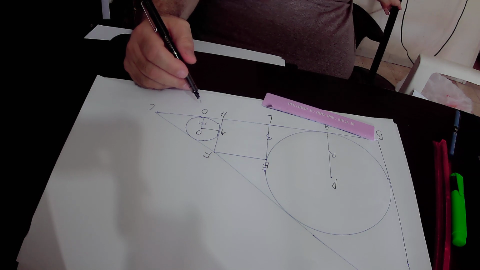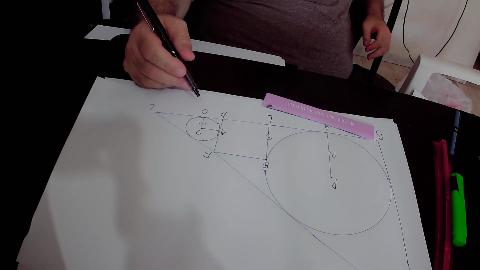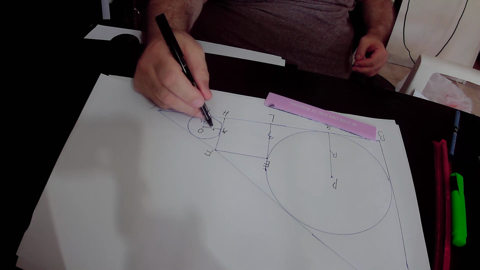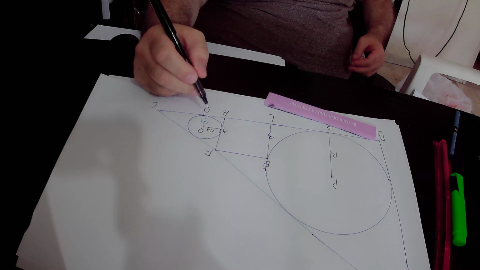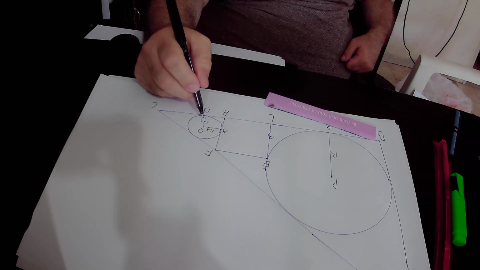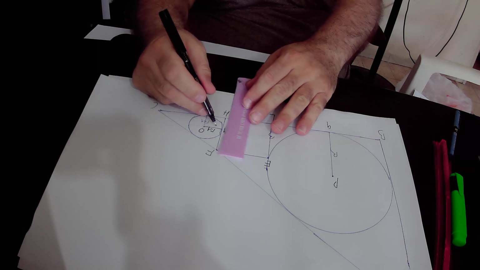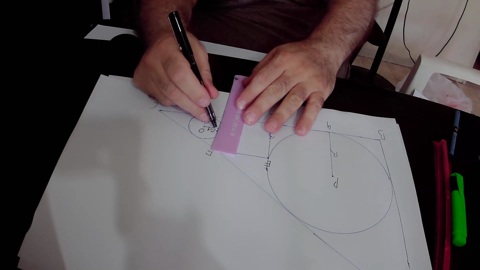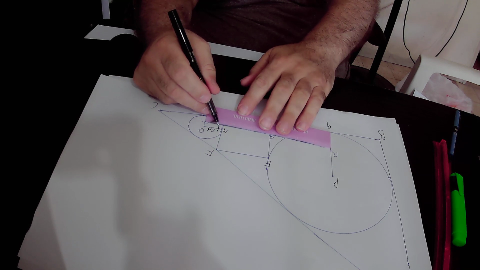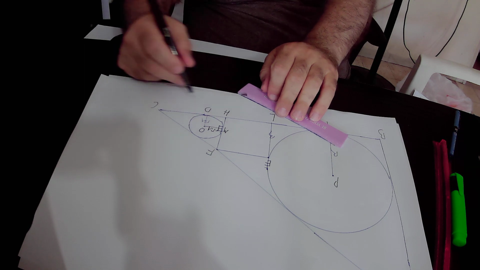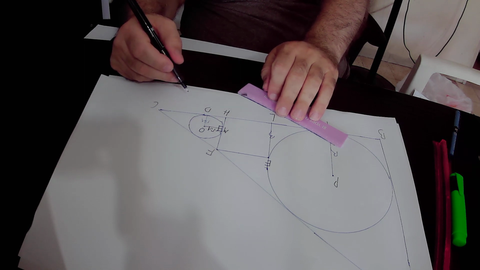Therefore, OM is the radius of the small circle that is equal to R. And R equals 1 unit. Here we have the radius OM that is drawn to the point of tangency. Therefore, this angle will be equal to 90 degrees. And this angle will also be equal to 90 degrees according to rule number 1, that the tangent to a circle is perpendicular to the radius drawn to its point of tangency.